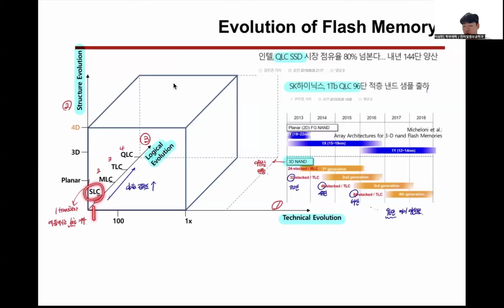So single is 1 bit, multi is 2 bits, triple is 3 bits, and quad can hold 4 bits in one cell.